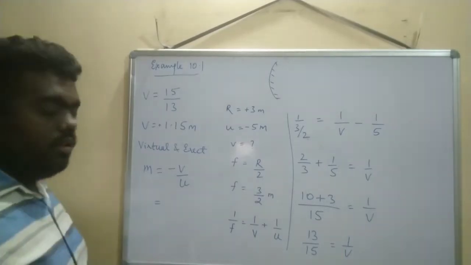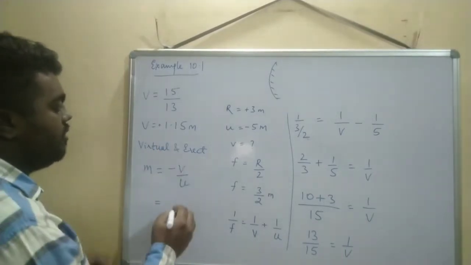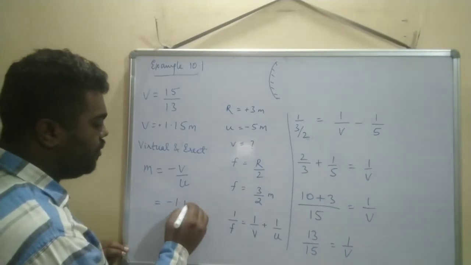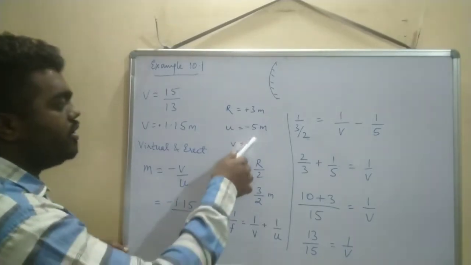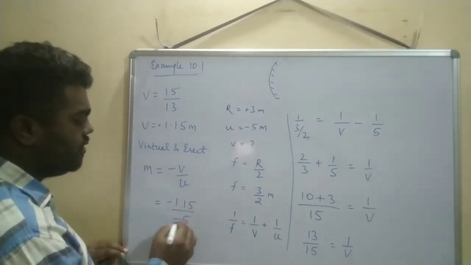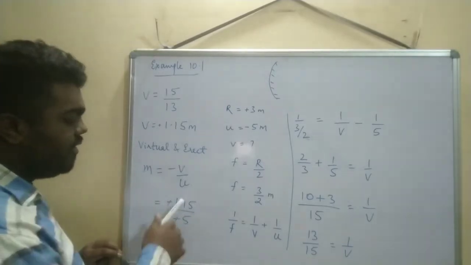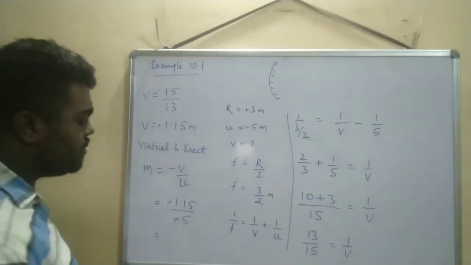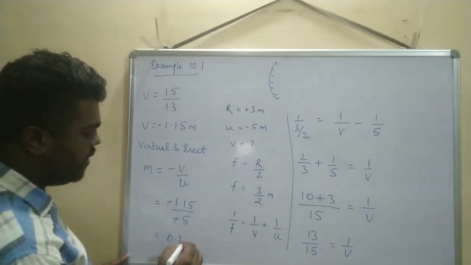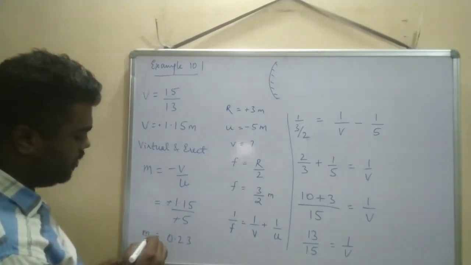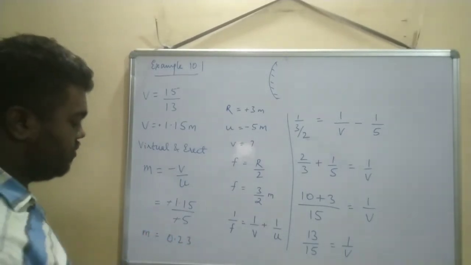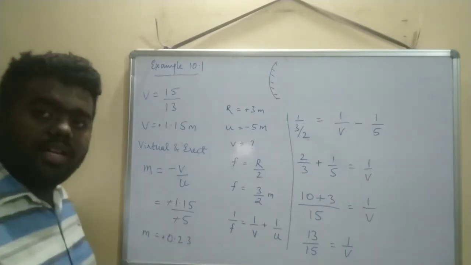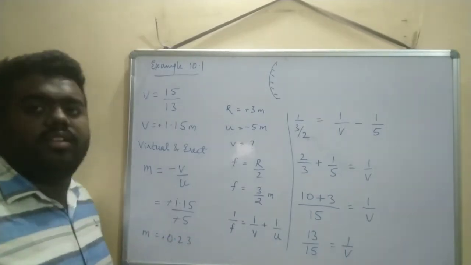Now this value of v is how much? 1.15, minus sign will be there, 1.15 by value of u is minus 5. This minus minus cancelled. When we divide these two terms, we will get 0.23, plus 0.23 actually. This plus sign also tells that image is virtual and erect.